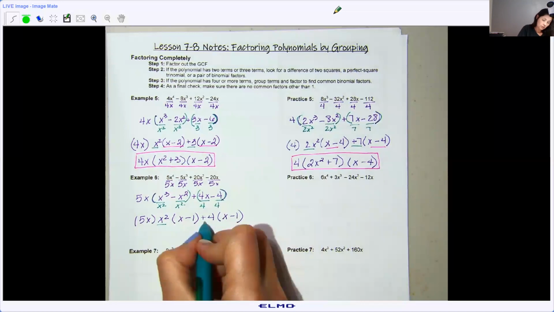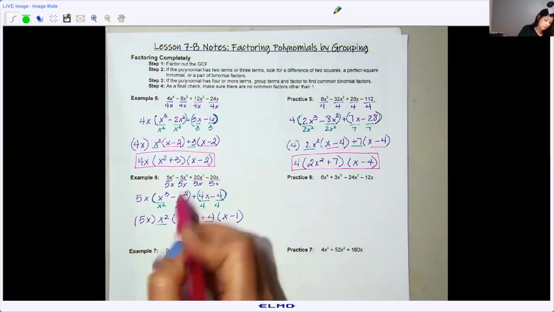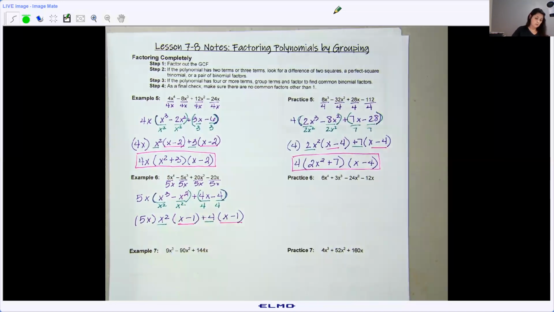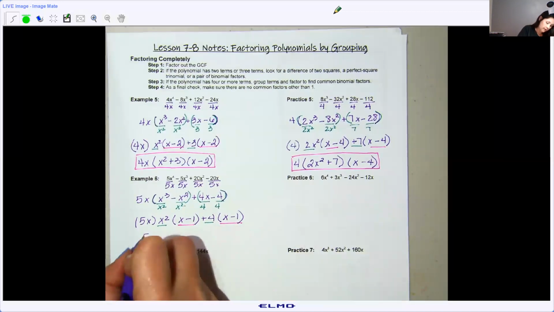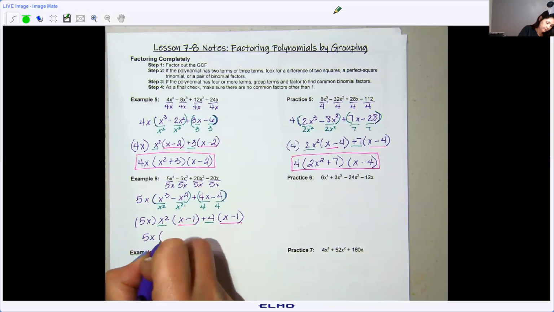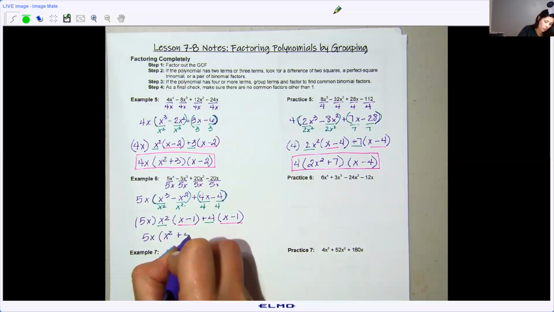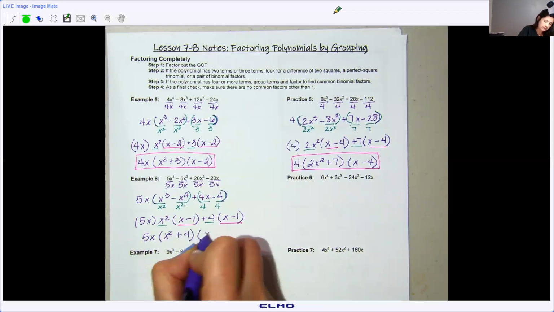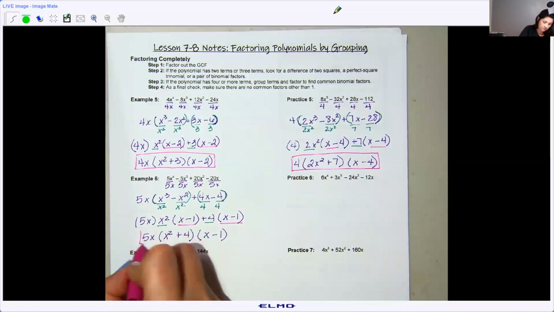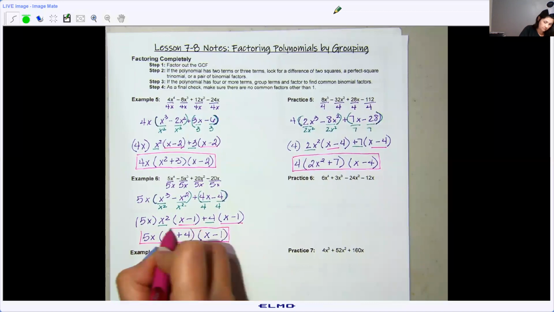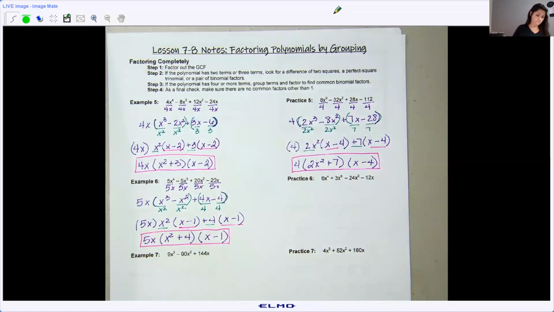Okay, so these two will come together and these two will simplify down to one. And we will have 5x, x squared plus 4, and x minus 1.